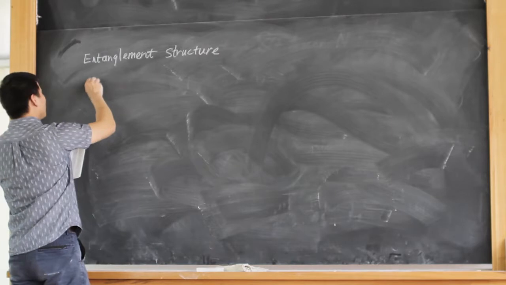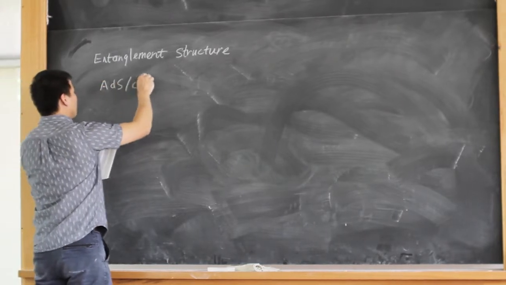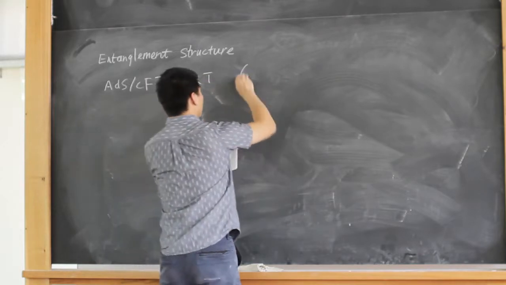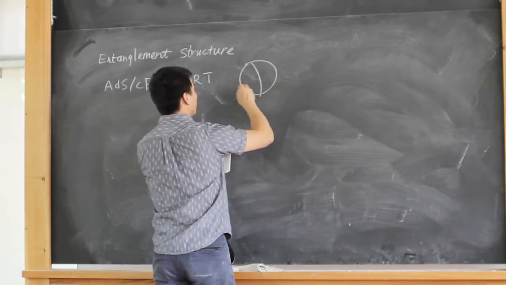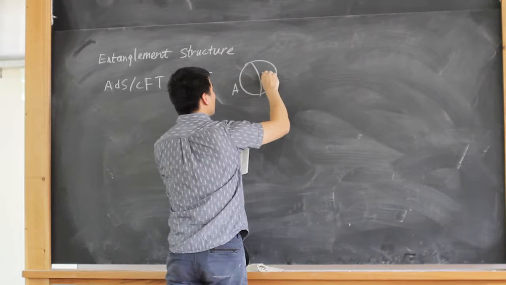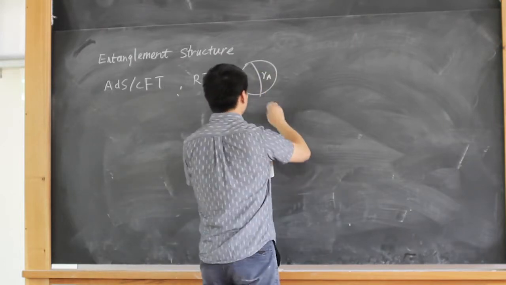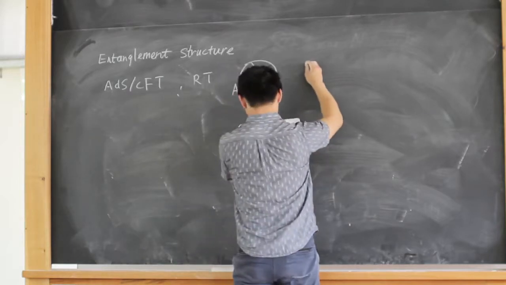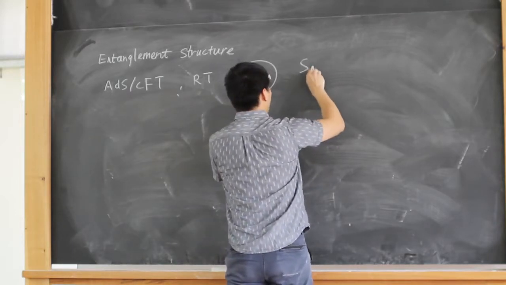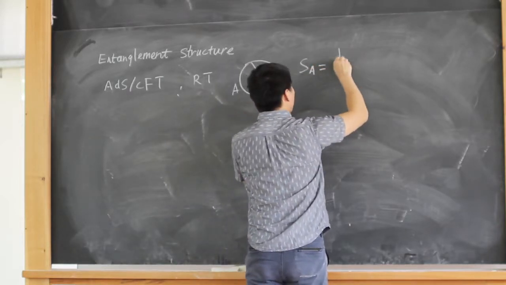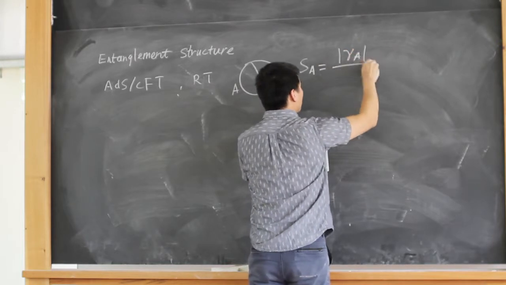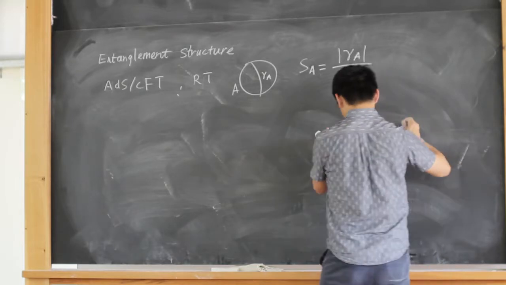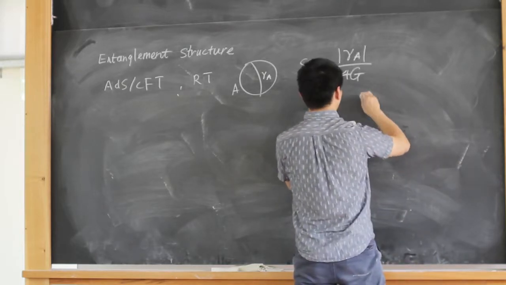So in AdS/CFT, we all know that we have the Ryu-Takayanagi formula, which is the statement that if we have some region A, we can find a minimal or extremal surface in the bulk which is homologous to A, and the entropy of A is simply the area of the minimal surface divided by 4G, where the Planck mass or Planck length goes in there.